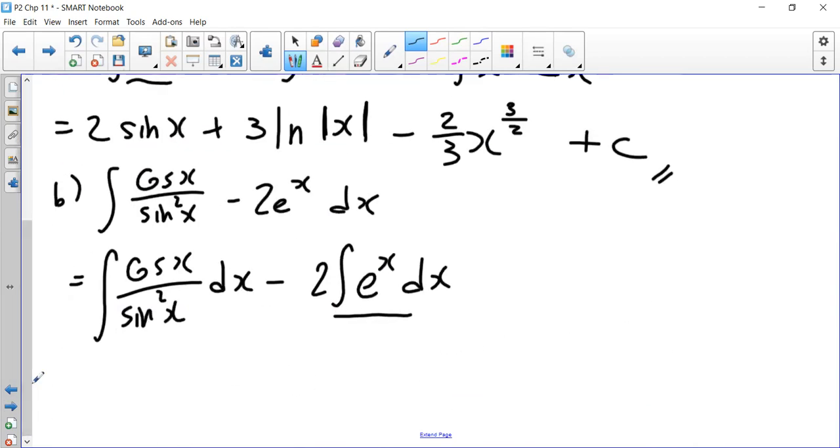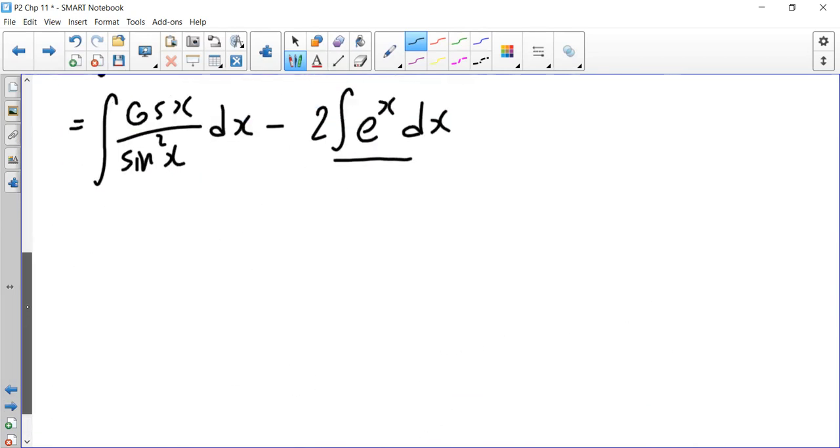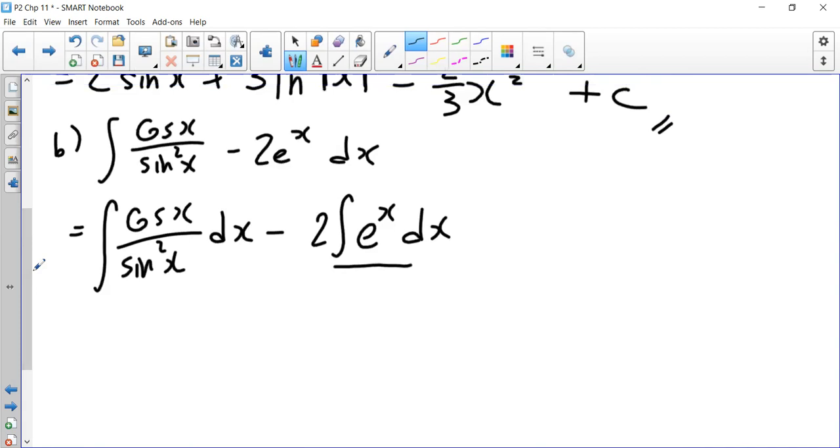So we're going to change it into reciprocal functions. So cos over sine squared, I'm going to rewrite as cos x over sine x times 1 over sine x, dx.